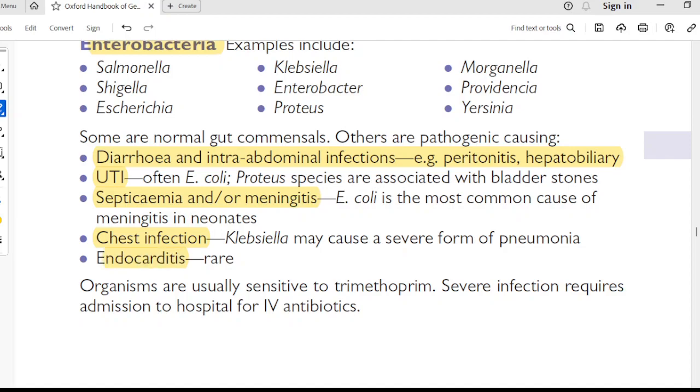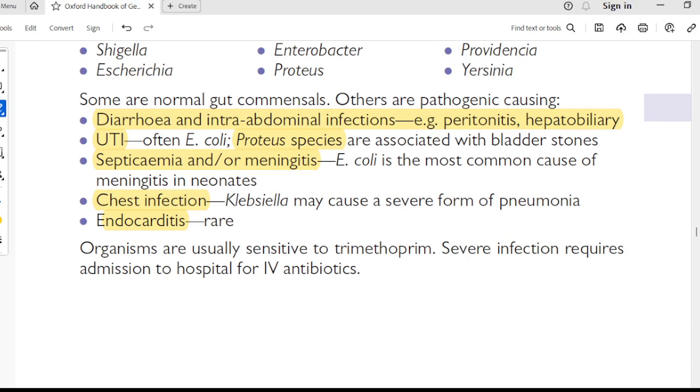Endocarditis is rare. So the gut commensals basically cause diarrhea and intra-abdominal infections like peritonitis or hepatobiliary disease, and UTI by translocation from the bowel.